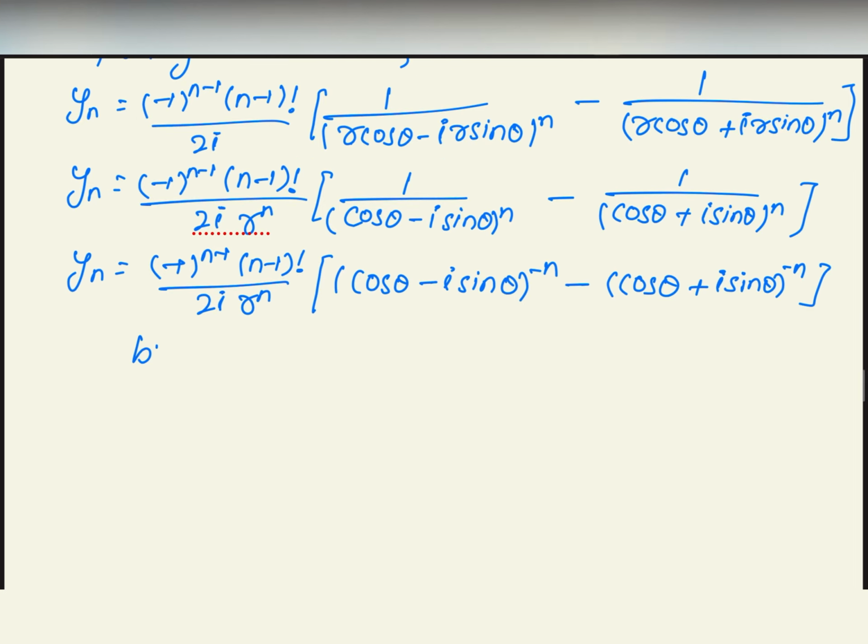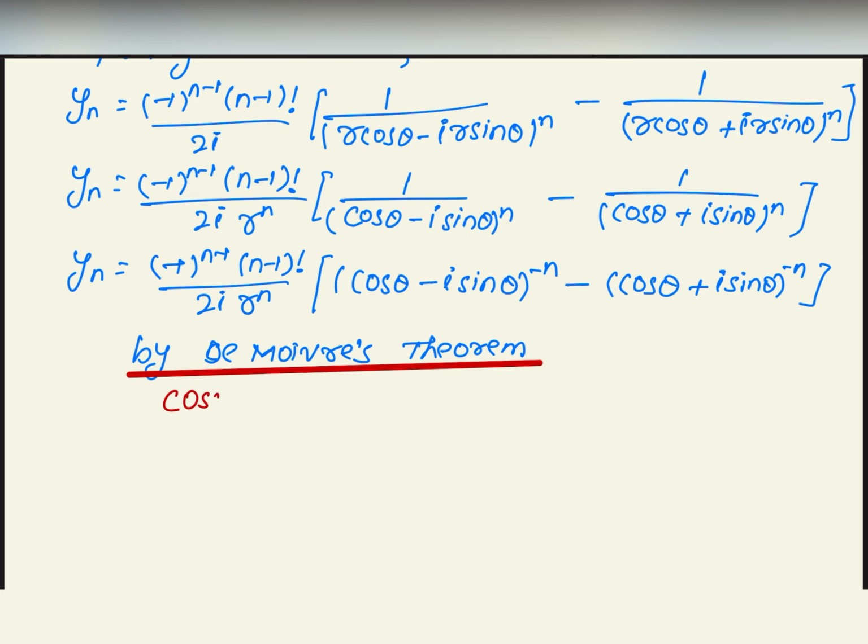By de Moivre's theorem, we know that cos theta plus i sin theta to the power n is equal to cos n theta plus i sin n theta.